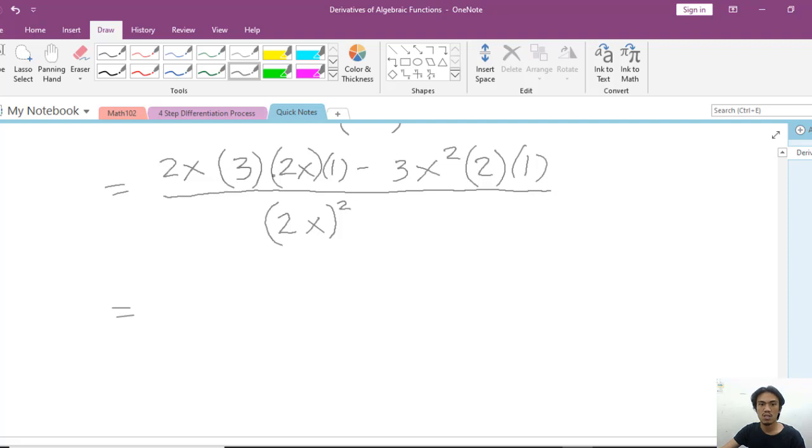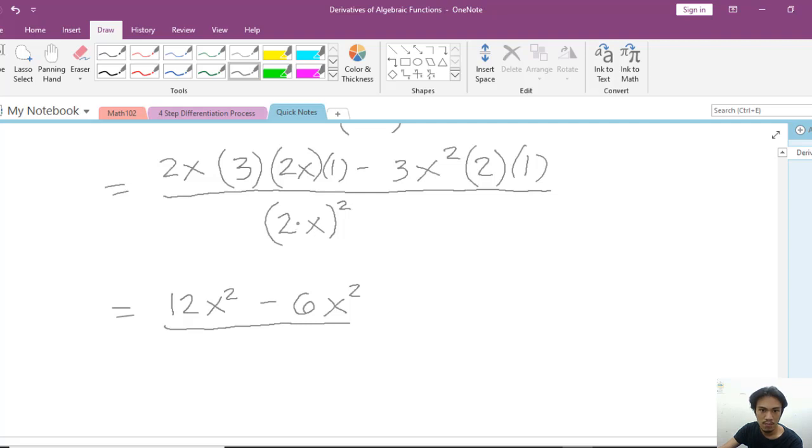Simplifying, we have 2 times 3 times 2 is 6 times 2, 12. x times x is x squared, minus 3 times 2 times 1 is 6 times x squared. Divide this by 2x raised to 2.